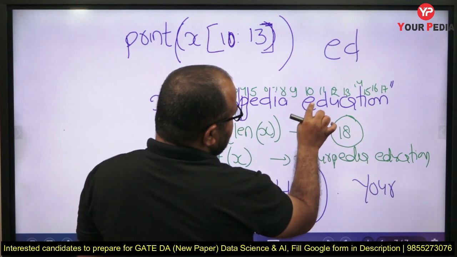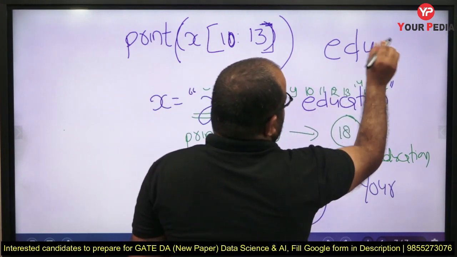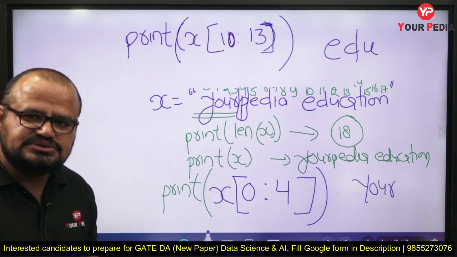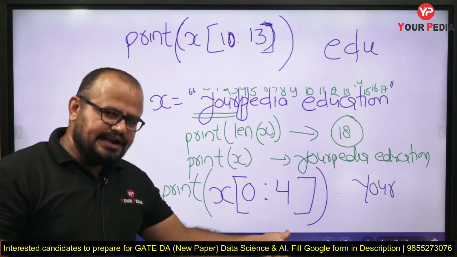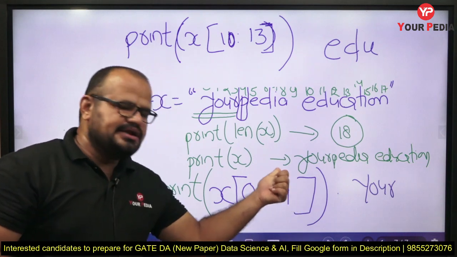Then close the square bracket and the function bracket. So that gives edu as your output. Fine, my dear students. In this way you can start your range and end your range, but the end part is not included.